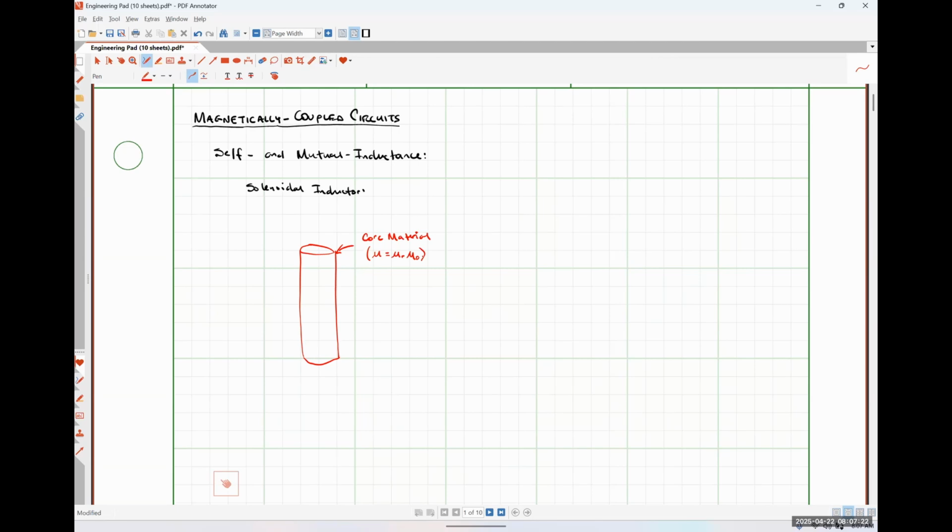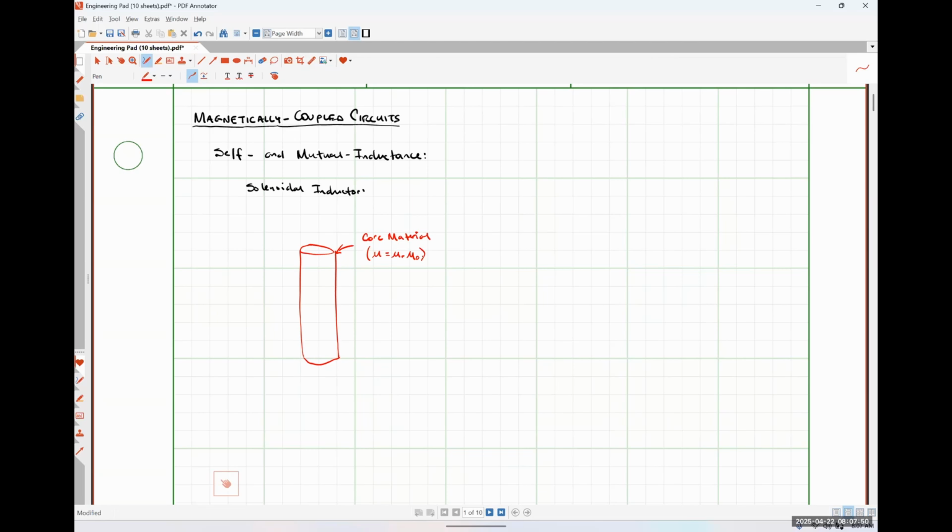So if that core material was air, mu would be exactly equal to mu naught or very, very close to mu naught. Whereas if that core material were a ferromagnetic material like iron or an iron alloy, it could be hundreds to tens of thousands of times larger than the permeability of free space, okay?